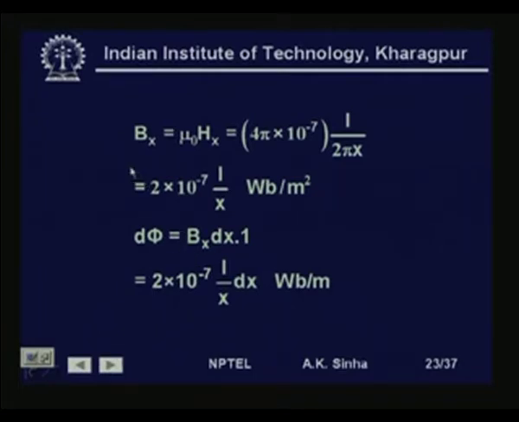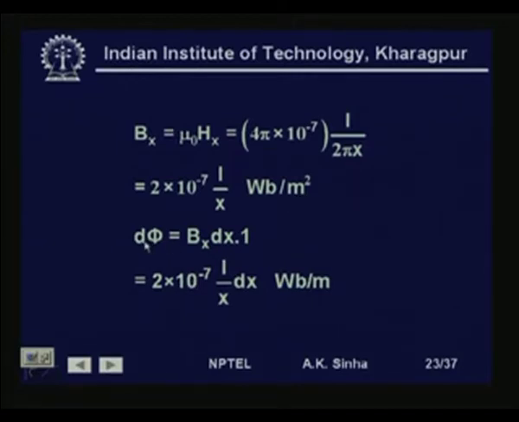Again we can find out the flux density at that point. This will be equal to mu 0 Hx, which is equal to 4 pi into 10 to the power minus 7 into I by 2 pi x. This will be equal to 2 into 10 to the power minus 7 I by x Webers per meter square.